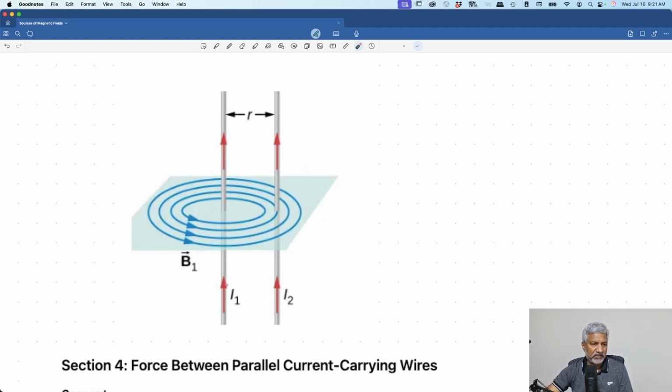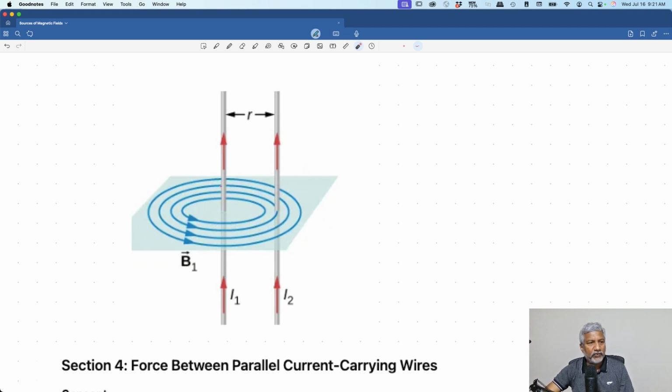Now, as shown in this diagram, one of the conductors, or actually both conductors, are going to be situated in the magnetic field produced by the current due to the other one. Let me explain that.